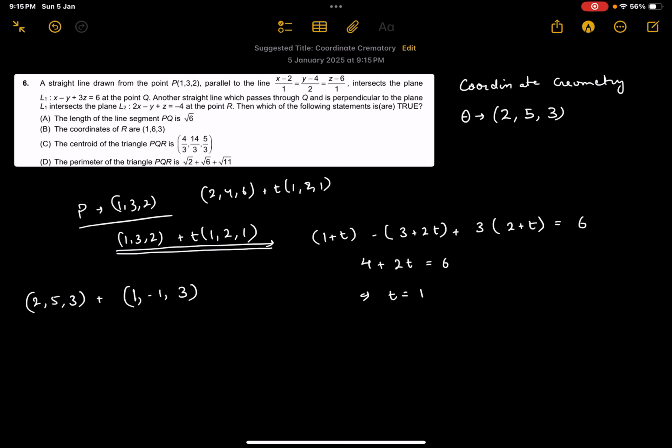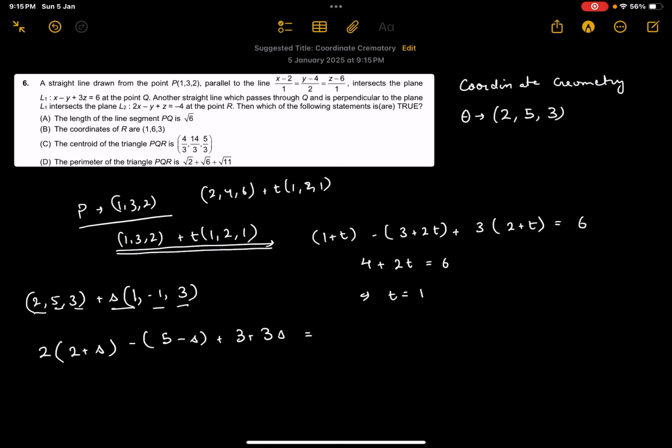Instead of t, let's use s here. So 2 times x becomes 2 plus s, minus y becomes 5 minus s, plus 3 times z becomes 3 plus 3s.